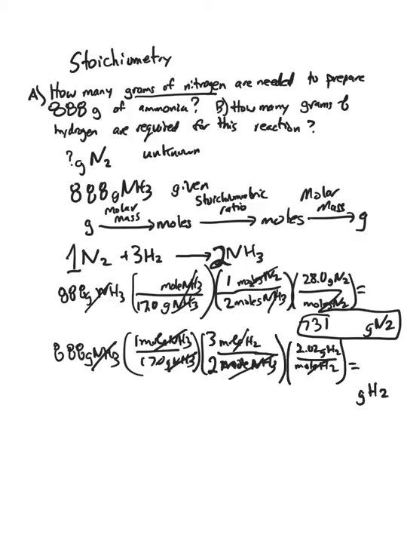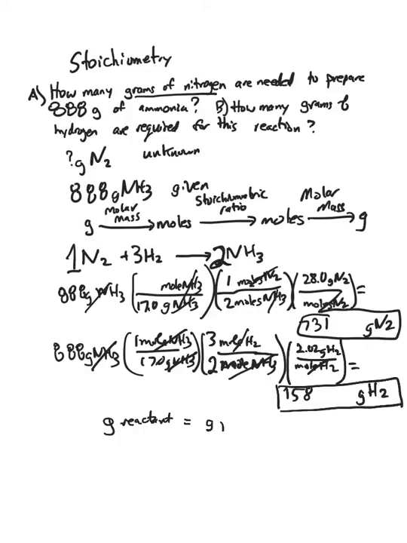So 888 divided by 17 times 3 divided by 2 times 2.02, and that will give me 158 grams of hydrogen. The 3 sig figs.